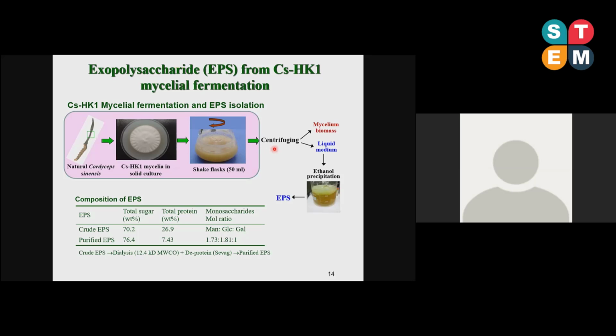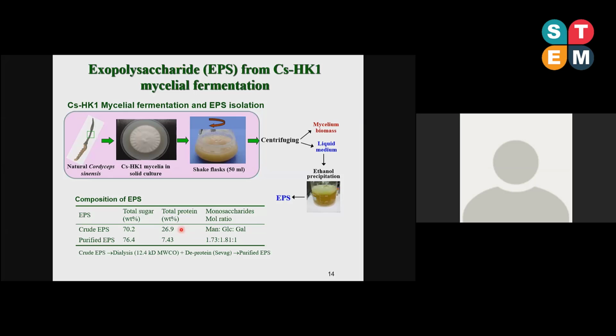At the end, we do centrifugation to separate the mycelium biomass and the liquid medium. Then we use ethanol precipitation. You can see the cotton-like material on the surface. This is the EPS, extracellular polysaccharide. Then we do further purification. This is the crude extract, with total sugar about 70%.